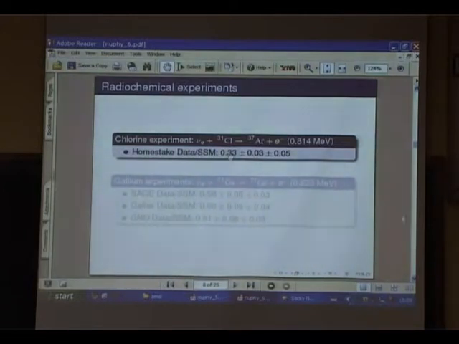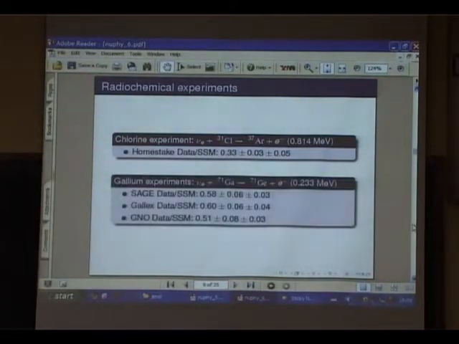Next experiments, there are so-called gallium experiments. And now people wanted to check each other's results. So there were 3 gallium experiments. There was an experiment called SAGE, another called GALLEX, and a third called GNO. The gallium experiments are very similar. Again, you had neutrinos.